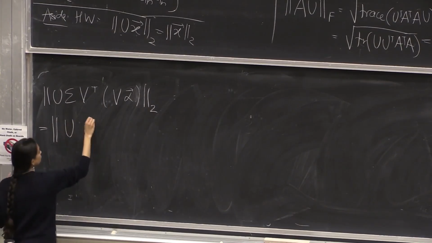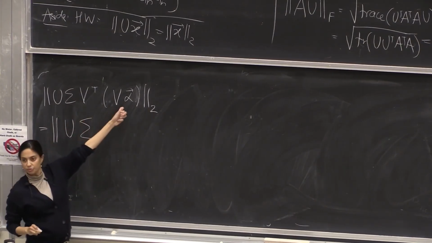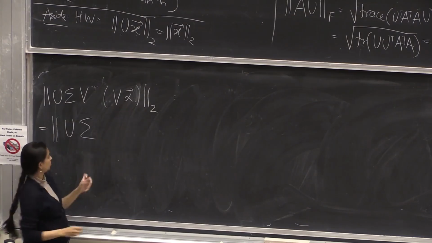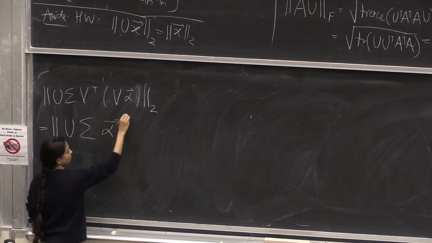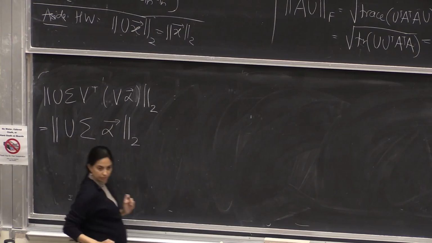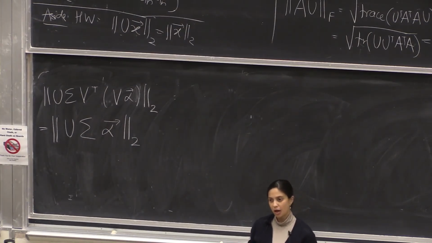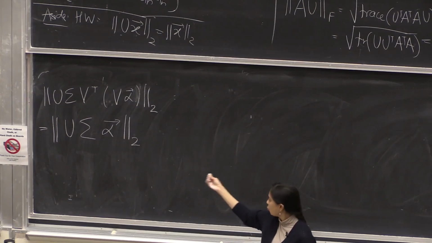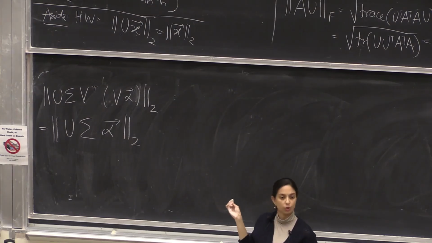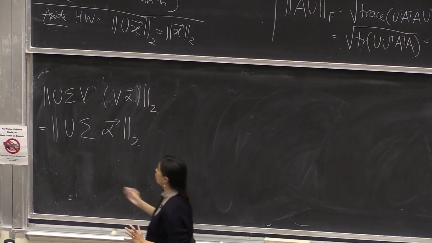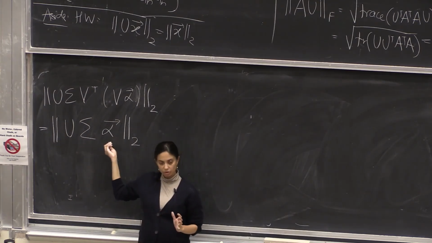This is equal to U sigma. What does V transpose V give me? Identity. So this is just U sigma alpha, right? Now I want to try to understand what's going to happen to this 2 norm. Everyone with me? What makes it easy for me to understand this interaction?